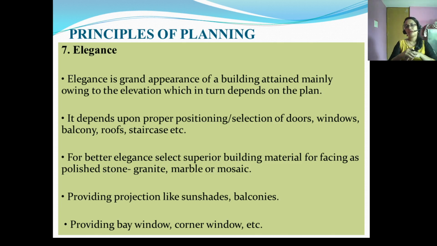Okay, coming to the next principle, that is elegance. Now what is this elegance? It is the appearance of the building, mainly owing to the elevation, which in turn depends on the plan. How does it depend? On the positioning of doors, windows and balconies, and on providing projections like sunshades, bay windows and corner windows.